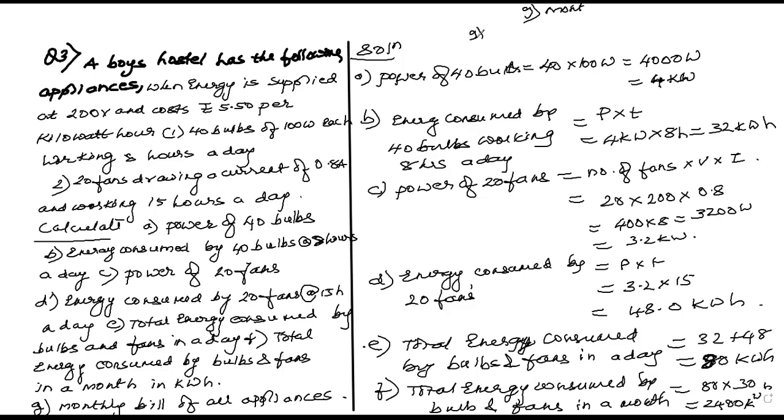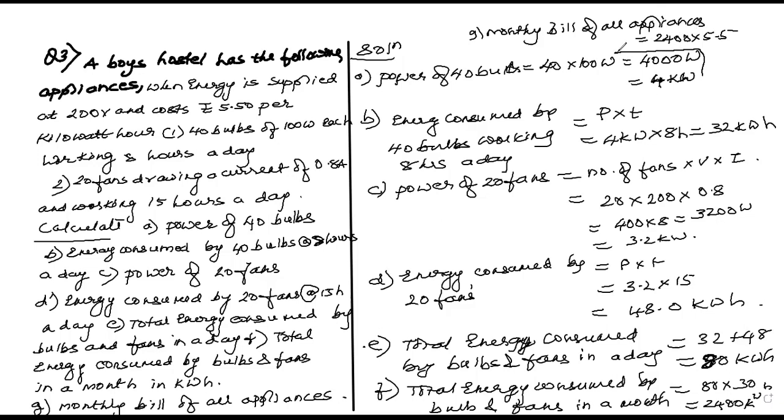The appliances are only fan and bulb, okay? The monthly bill of all appliances is 2,400 into 5.5.